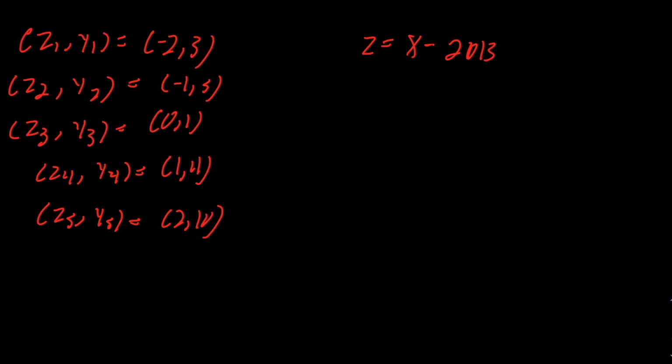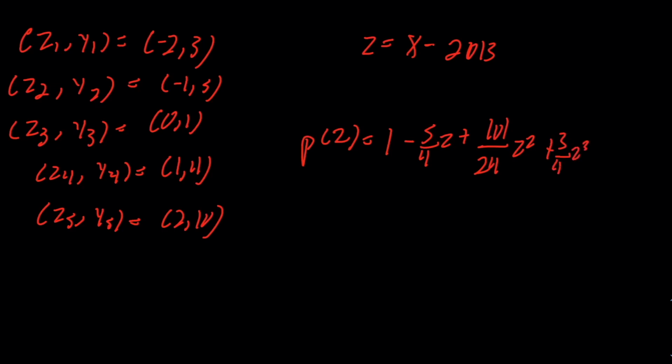Since this is the same set of points as the prior example, we can now write a new function in terms of z, and we get 1 minus 5/4 z plus 101 over 24 z squared plus 3/4 z cubed minus 17/24 z to the 4th.